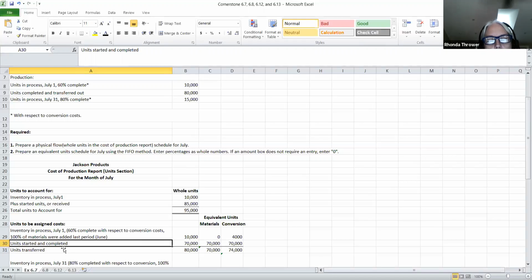If we completed the units, that means we finished the units with respect to conversion. If we completed 70,000 units, all 70,000 units are complete with respect to conversion. So in other words, units started and completed, the amount 70,000, is going to be the same for materials and conversion, because 70,000 units have all of the materials in there and they have all of the conversion cost in there.